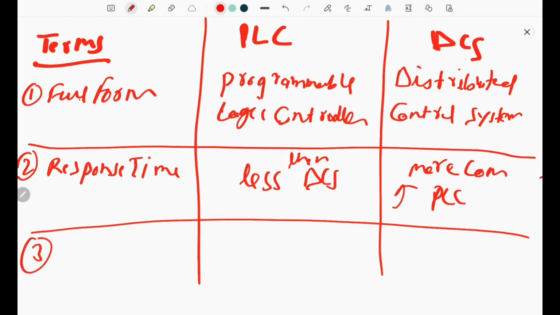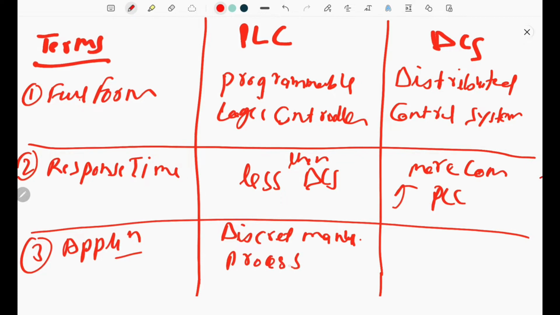Third, we can say the applications. In your oil and gas sector or in your industry, when there is a discrete manufacturing type of process, then the PLC is preferable, where some on-off actions are mostly used, or some shutdown or ESD, emergency shutdown related process, then you will require a PLC.